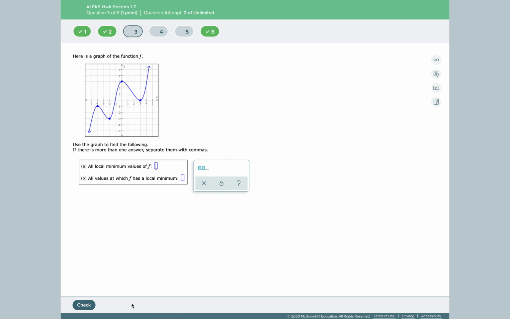For this item, it says here is a graph of the function f. Use the graph to find the following, and if there's more than one answer, separate with commas. For all local minimum values of f, this is where we have the dips, so to speak.